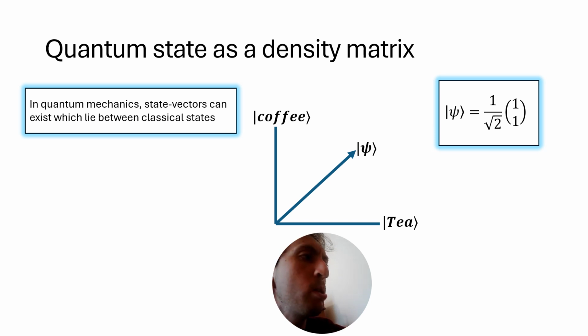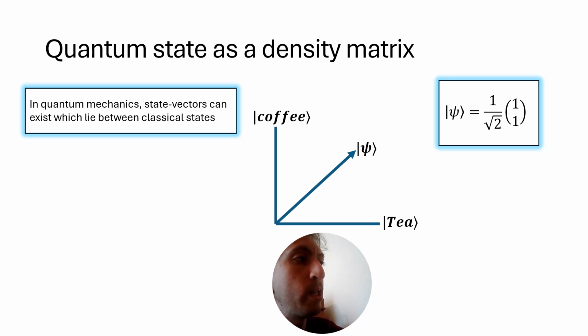And I've also written a factor 1 over the square root of 2, and that's to ensure that we will either find our drink when we measure it in the classical state of tea or in the classical state of coffee. But for all practical purposes of what we're doing, that factor doesn't really matter. It's important in calculations, but qualitatively it isn't very important for what we're doing.